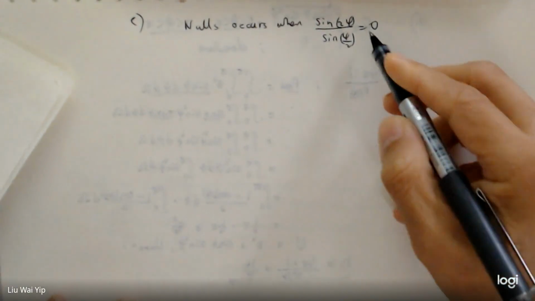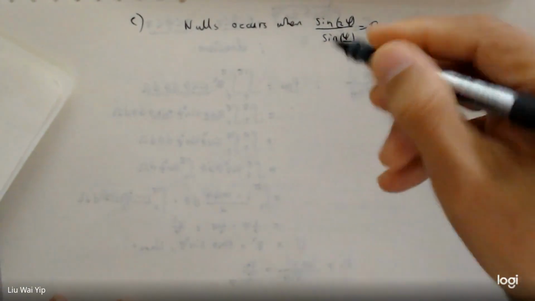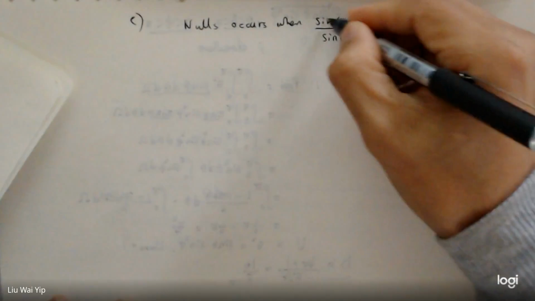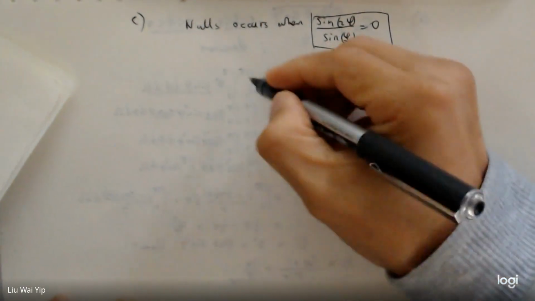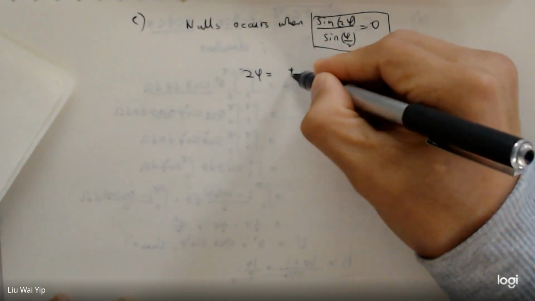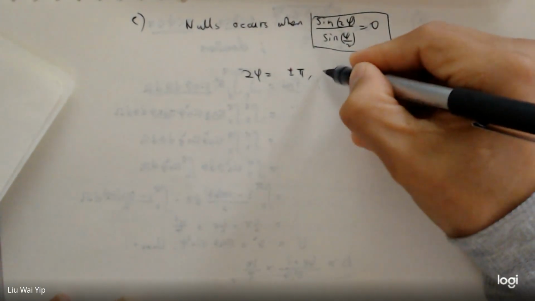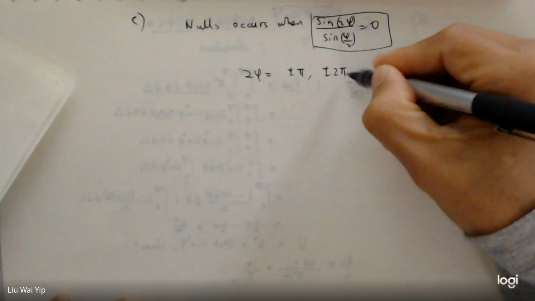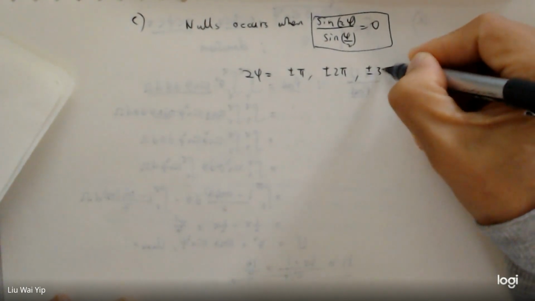Under this condition, in order for this expression to be zero, we need N psi over 2 equal to plus or minus pi, plus or minus 2 pi, plus or minus 3 pi, and go on forever.